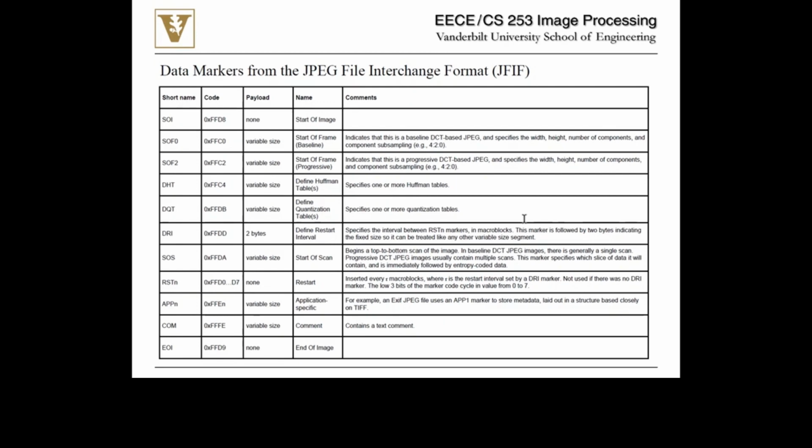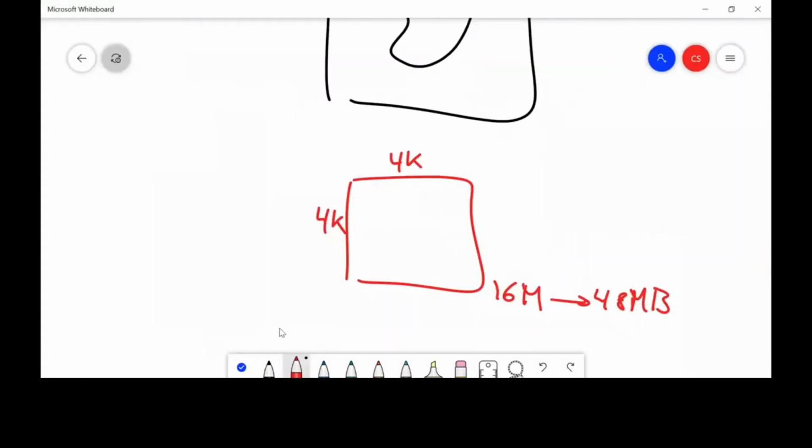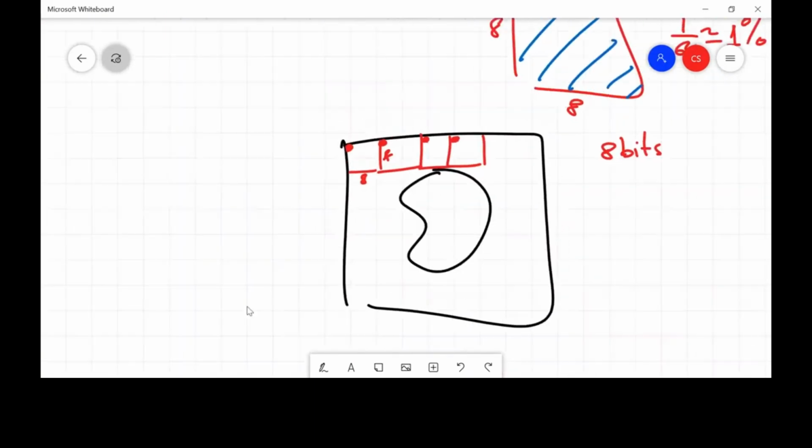That is FFD8. How many bytes do you need for representing that? 2 bytes. Okay, so every JPEG file, let's look at the header again.